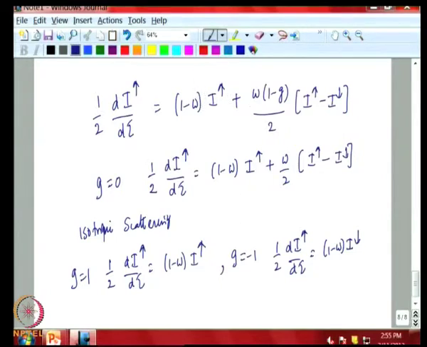So we are left with 1 minus omega term here, and this omega by 2 here will add up to this and you will get the following answer.